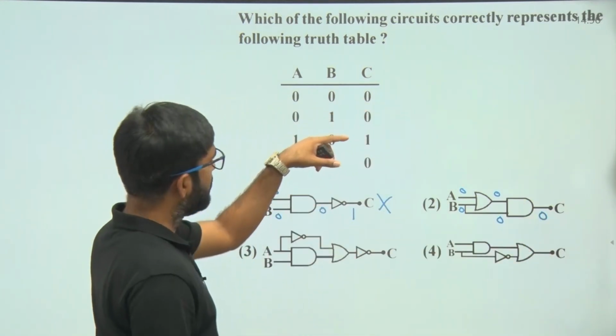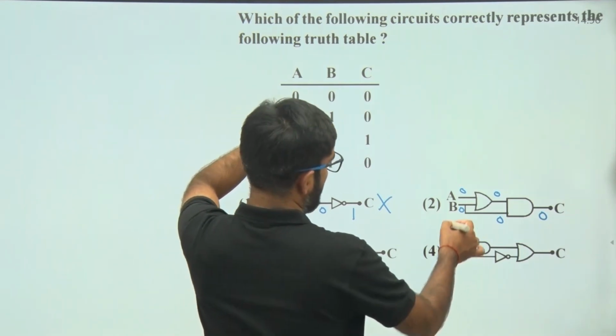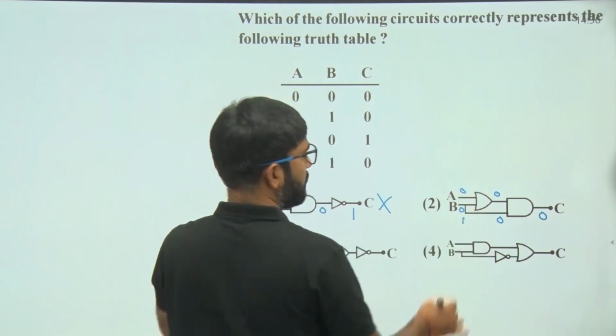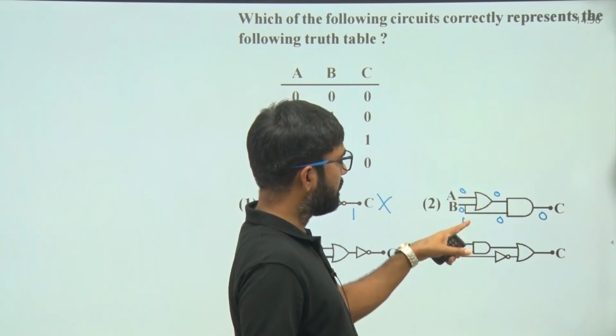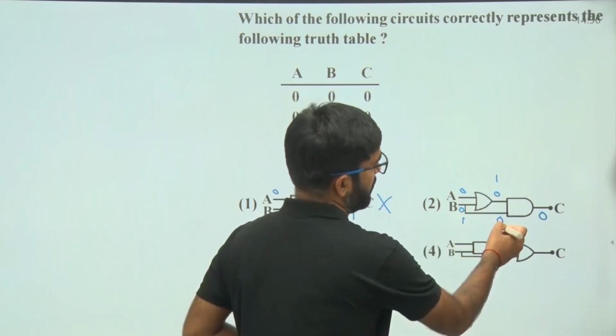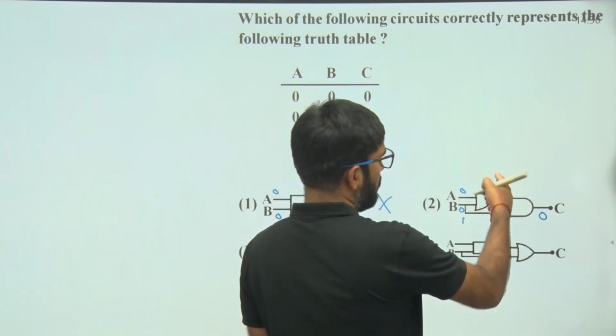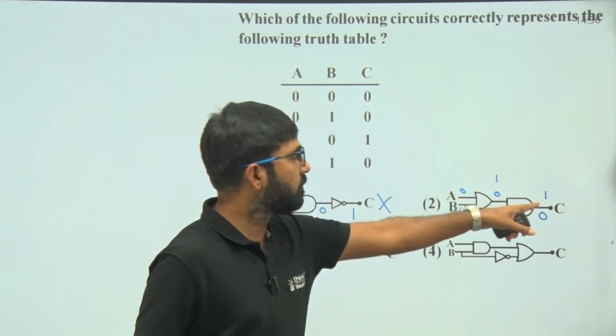Now check for the next. If input A is 0 and B is 1, the output of the OR gate is A plus B, so 0 plus 1 means 1. B is also 1, so the output of the AND gate is 1 into 1, which is 1. If A is 0 and B is 1, the output is 1.